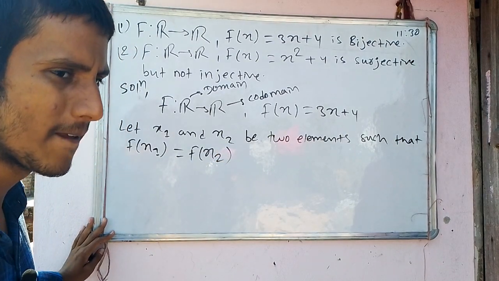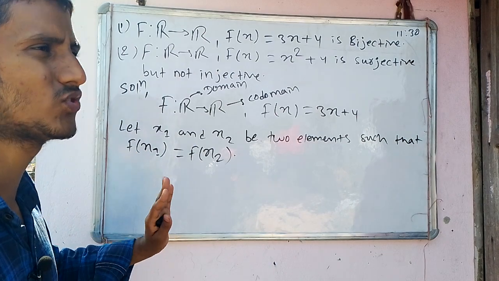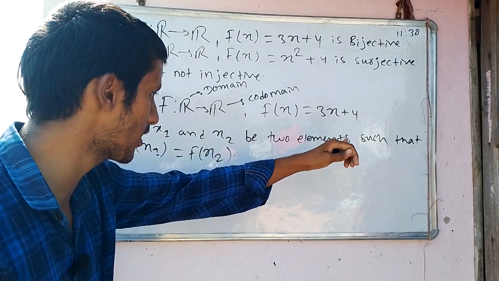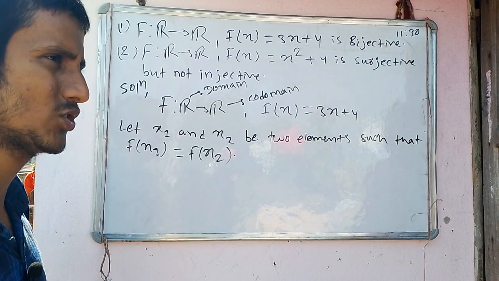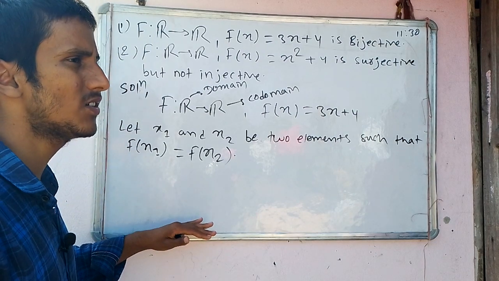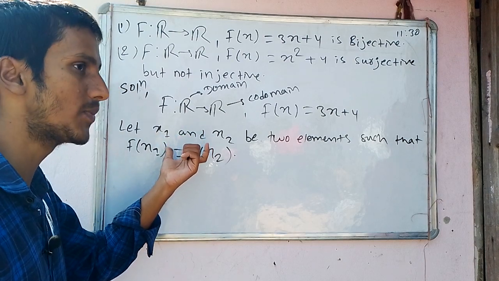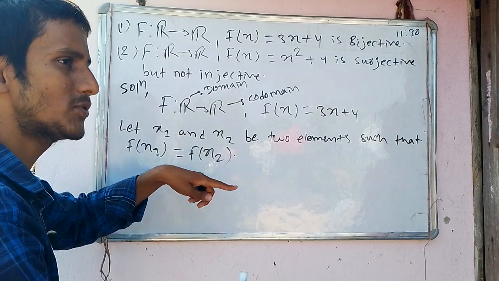Does that make sense? So what I've written here is I have supposed that there exist two elements. So let x1 and x2 be two elements such that f of x1 is equal to f of x2. It means I've supposed in the first place that there are two elements in the domain that map to the same element.